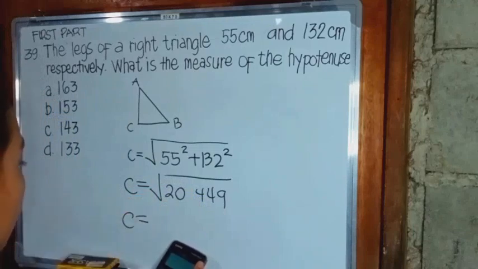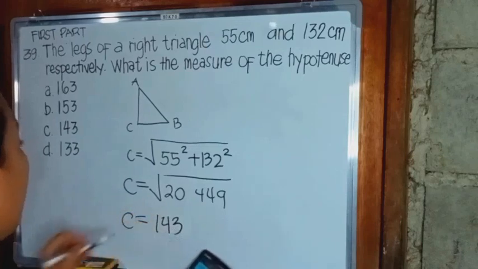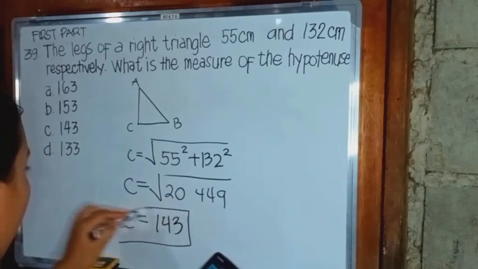So the square root of 20,449 is equal to 143. This is our final answer.